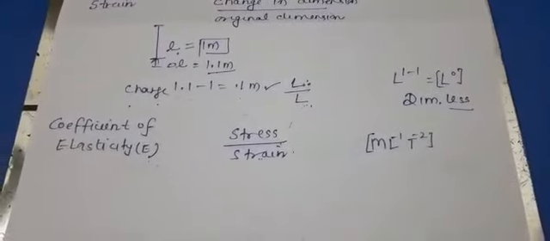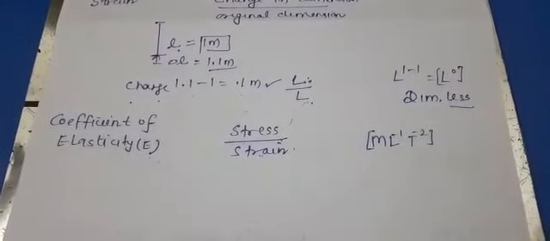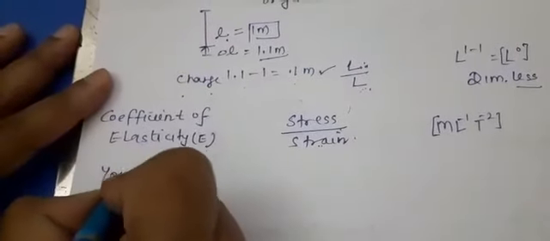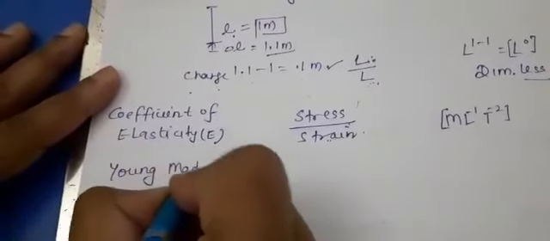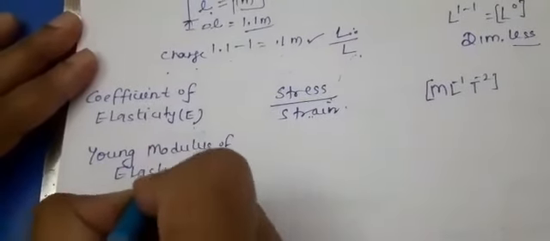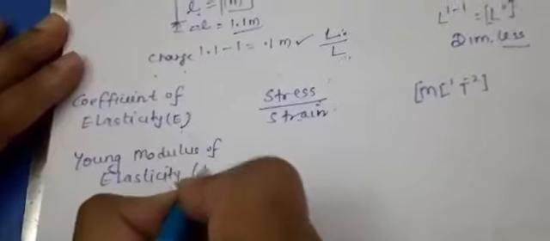Basically, it is of three different types. What are those? First is Young modulus of elasticity, Y symbol.